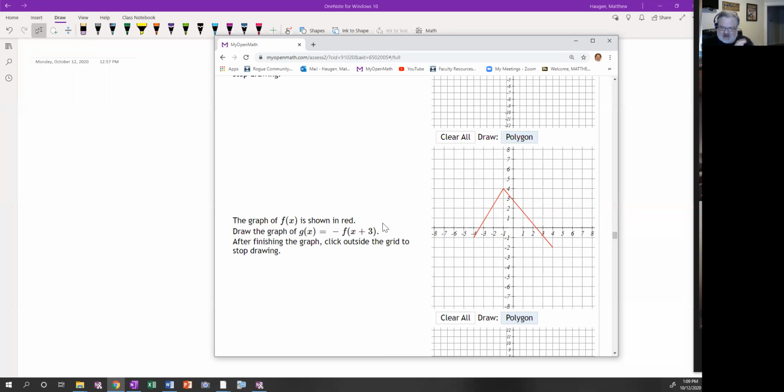There's a couple ways to think about why that's happening, but one of the good ones is that x+3 is happening to the values before the function exists. So that red function doesn't exist yet. We're adding 3 to the inputs.